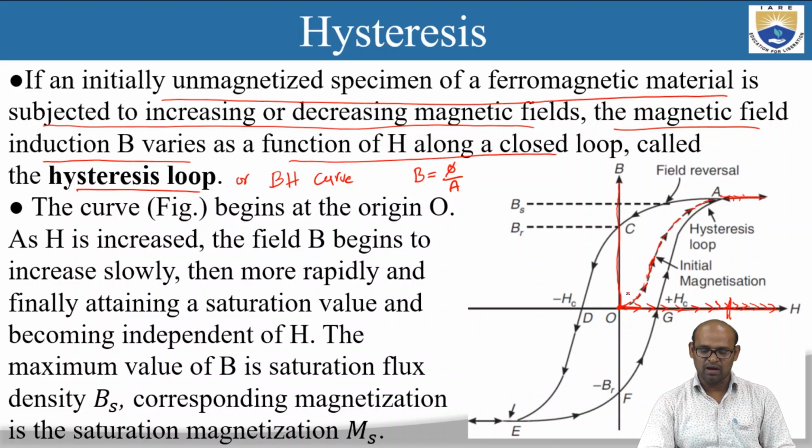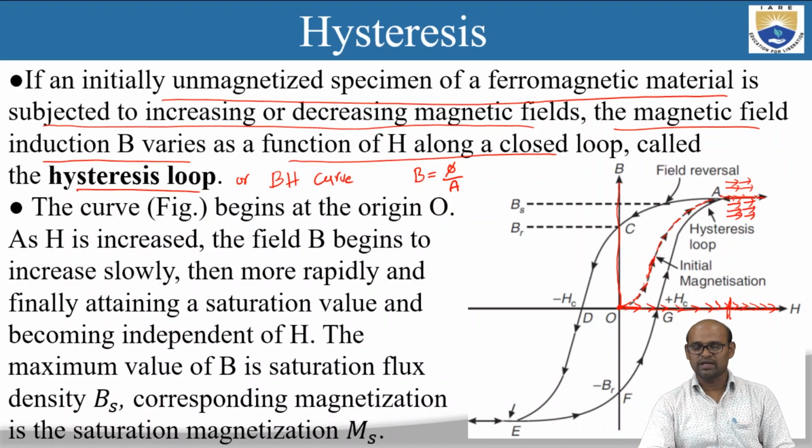Basically, when the magnetic field induction is zero and you look at the magnetic moments or magnetic spins, all the spins are oriented randomly, and the total magnetization is zero. As you increase the applied magnetic field, the spins of the unpaired electrons slowly get oriented in the direction of the magnetic field, and at this point all the spins in the material are aligned in the direction of the field.